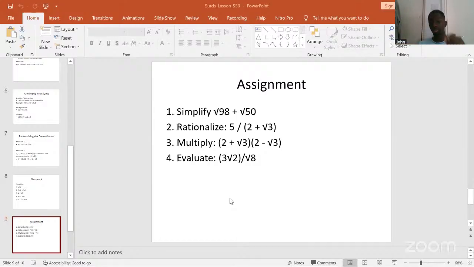12 root 2. 12 root 2, that's correct. Beautiful. What about number 3? Do number 3 for me. It's 1. Correct. Very good. Then question 4. That's correct.